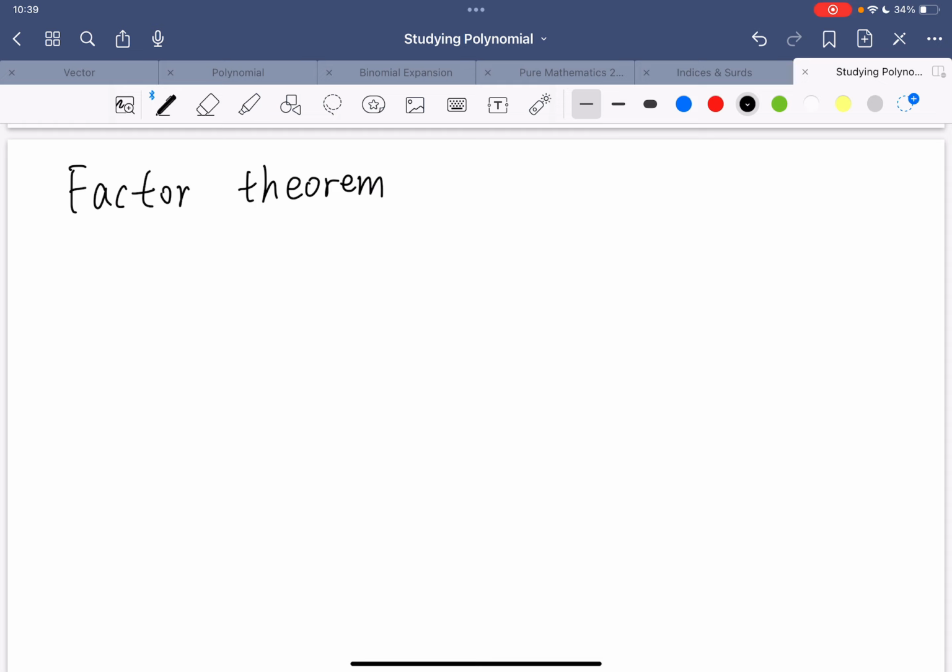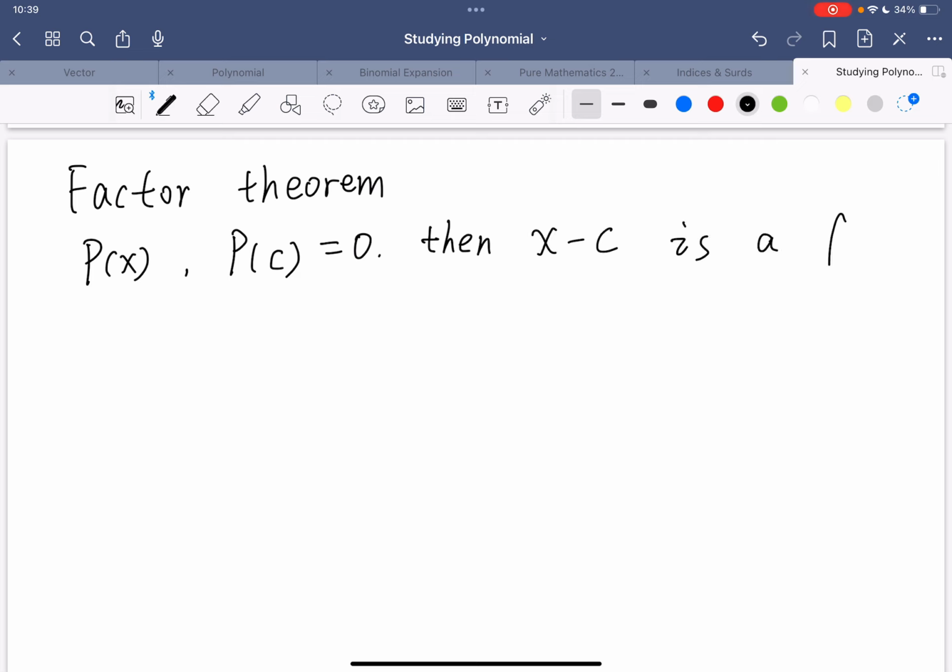The conclusion is that for a polynomial p(x), if p(c) equals 0, then x minus c is a factor of p(x).